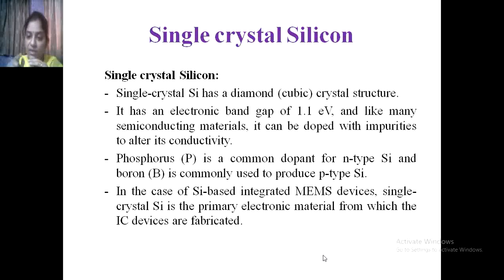Then in P-type silicon, boron is added. Boron has fewer electrons in its last band, so when it bonds with the silicon, there are free holes available for conduction.